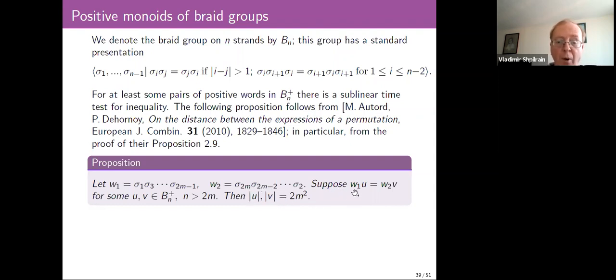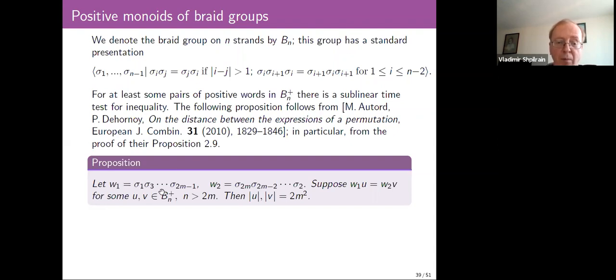Now, suppose this kind of OR condition is satisfied. So suppose that W1U is equal to W2V for some positive U and V. But then the lengths of these U and V should be on the order of m squared.